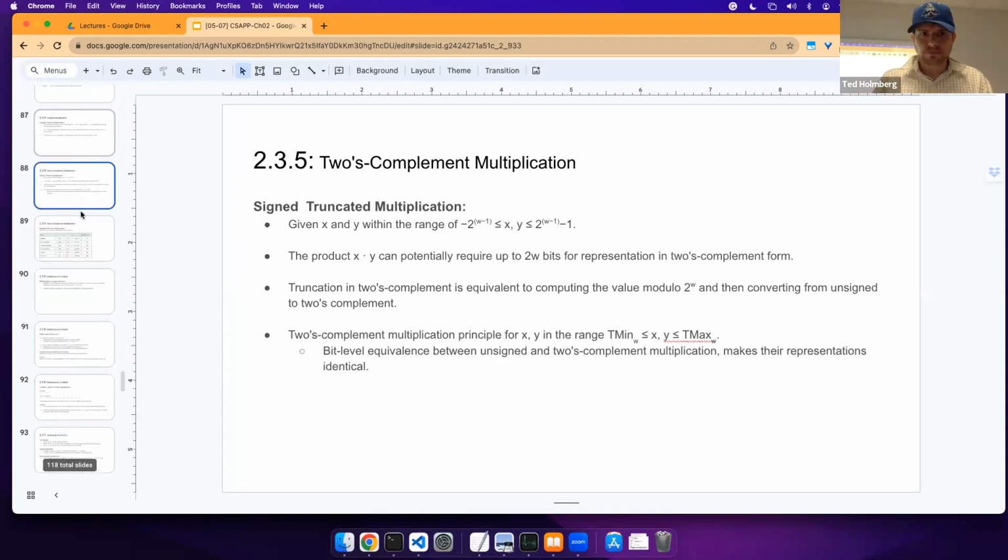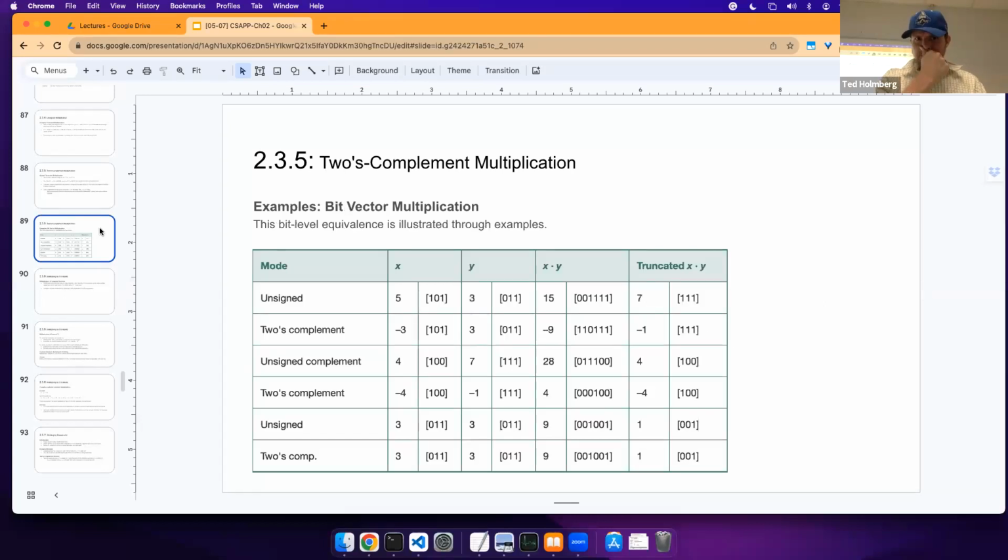Okay. So let's take a quick look at our multiplication with both unsigned and two's complement. Suppose, for instance, we have our word size equal to 3. If we had 5 and 3, the result 15, we would need at least a word size of 4 to encode on unsigned.